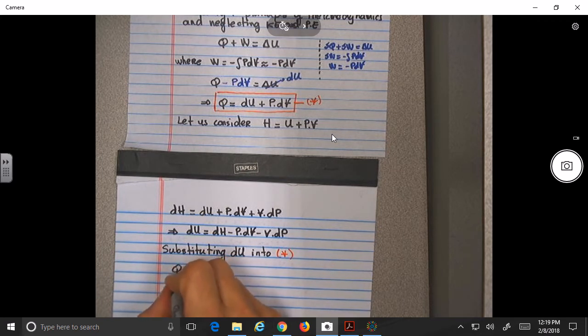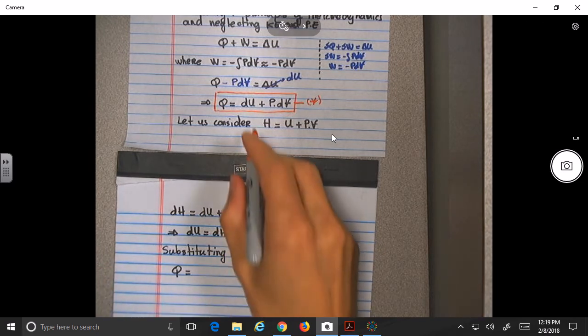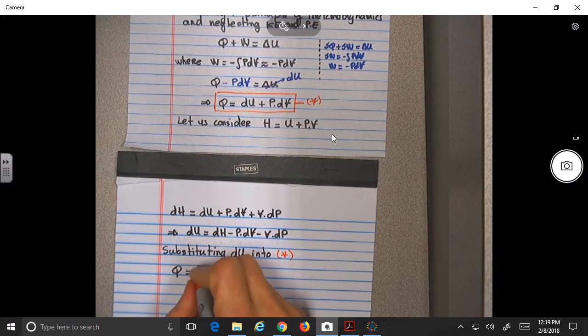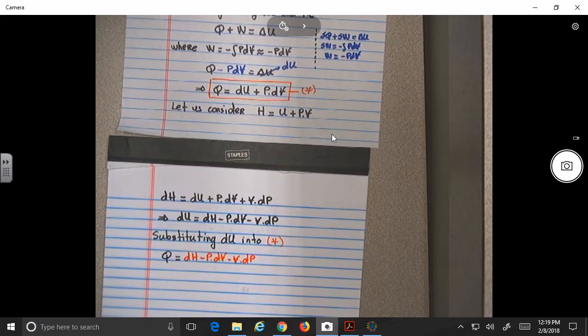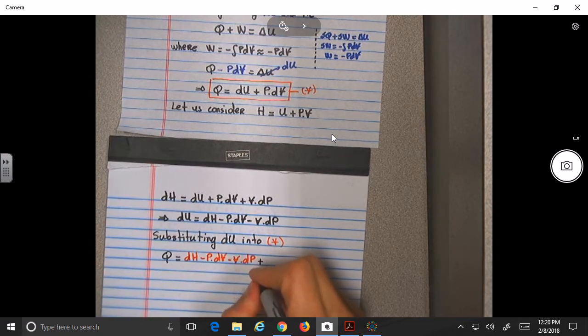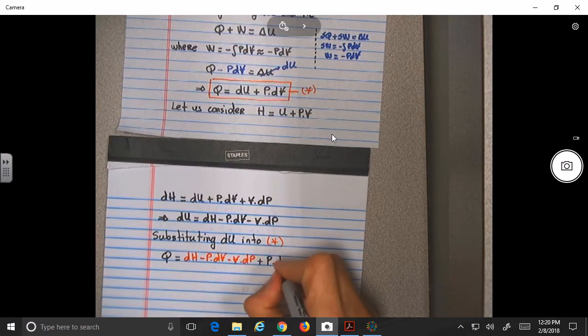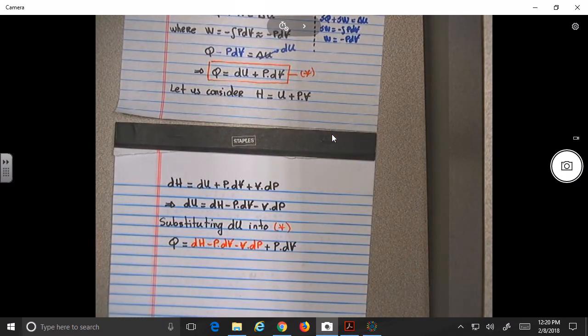Q equals dH minus P dV minus V dP plus P dV, no?